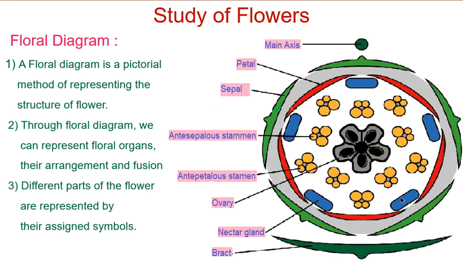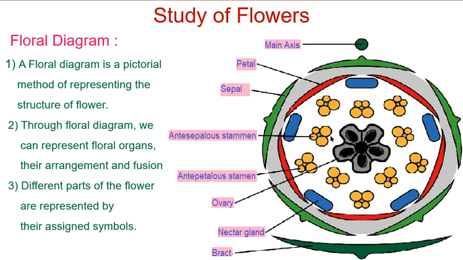These are the different symbols which are assigned for representing flower parts. This is the main axis. These are the sepals we have seen. This is a floral diagram actually, in which this symbol represents the main axis. This symbol represents sepal. This is petal.